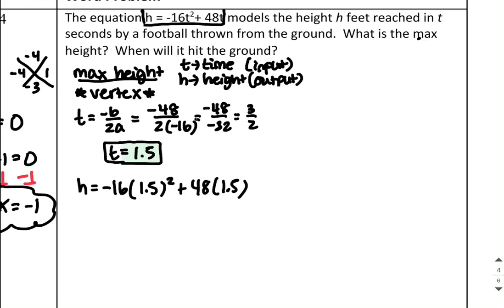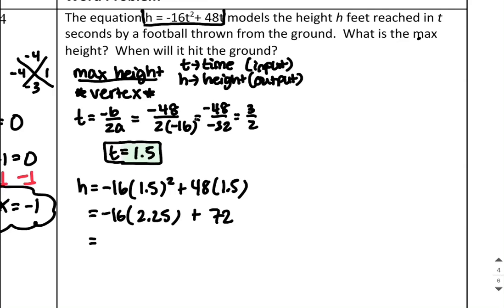And when I do this, I have to do this in my calculator. 1.5 squared is 2.25. So I have 2.25 times -16 plus 48 times 1.5, which gives me 72. Make sure you're doing your exponent first. Don't forget to do that.